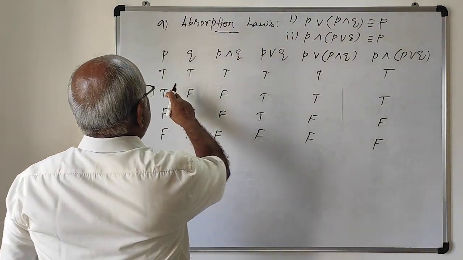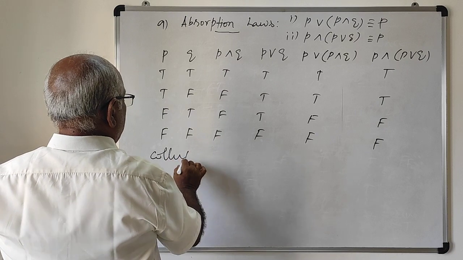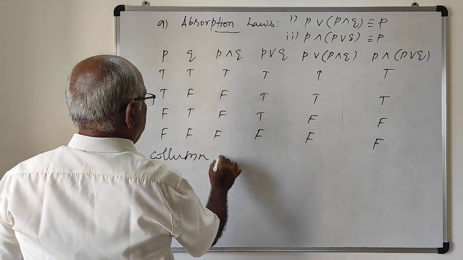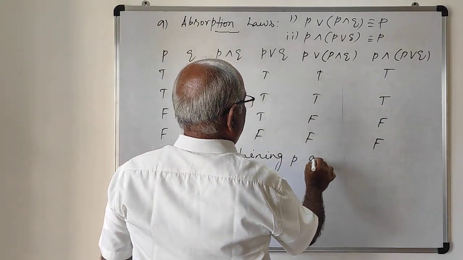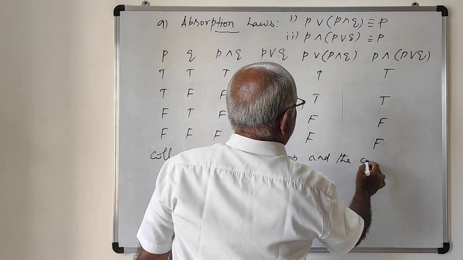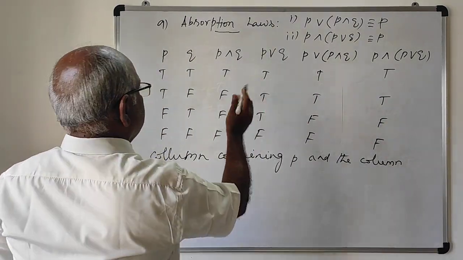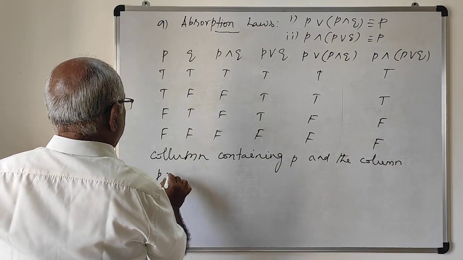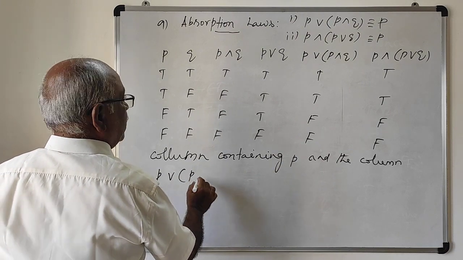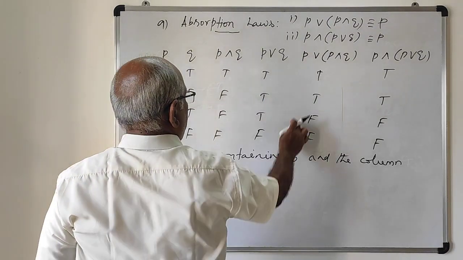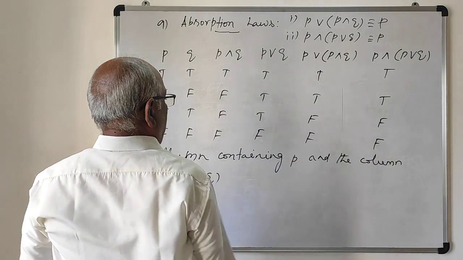So your conclusion is: the column containing the truth values of P and the column containing P disjunction, P conjunction Q, the fourth column and fifth column, are identical.